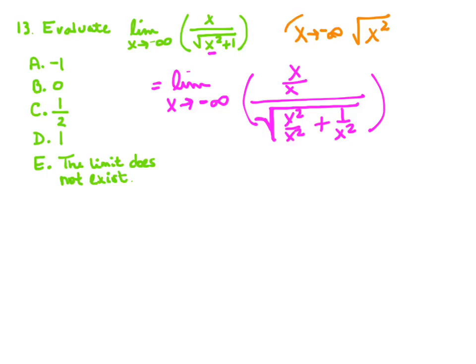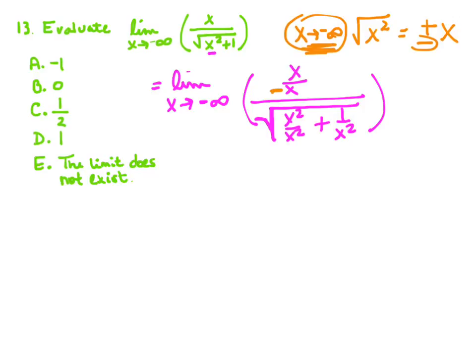And so when I take the square root of x squared, remember that when we square root something, it could be positive or it could be negative x. And in this case, since x is going to negative infinity, we're choosing the negative x. And so when I divided by x in the numerator, I really should have been dividing by negative x.